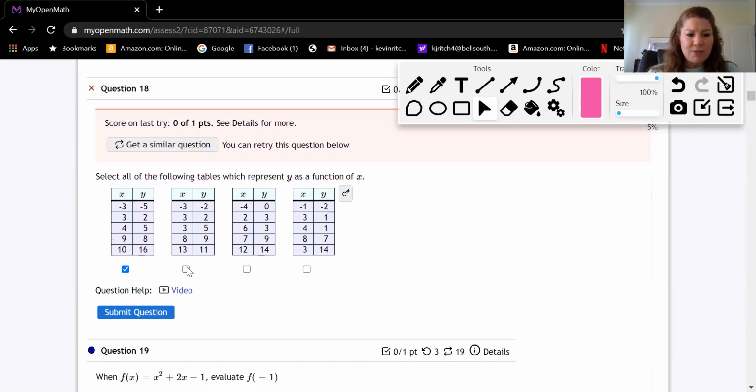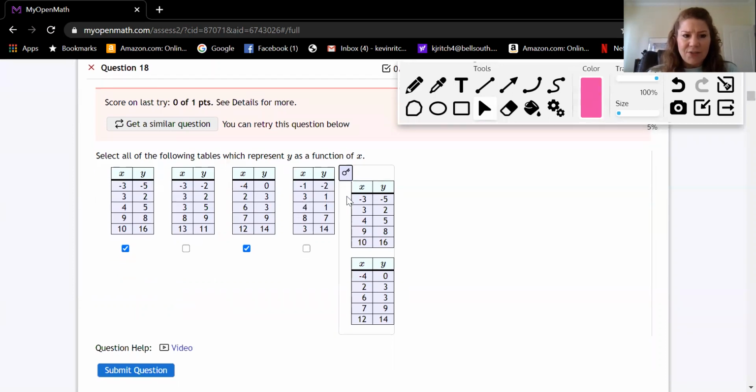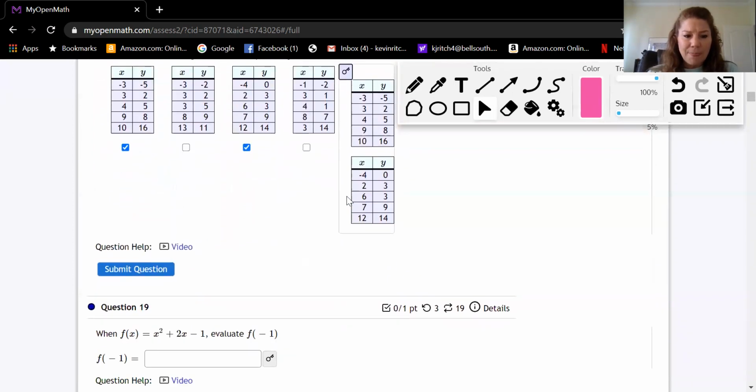Did it switch around my answers? All right, so we know that now the first one is a function. The second one is not a function because it has 2 3s. Now the third one is a function. I think I messed up my answer somehow when I hit submit instead of this key. All right, so they agree with us. It's the first and third one now.